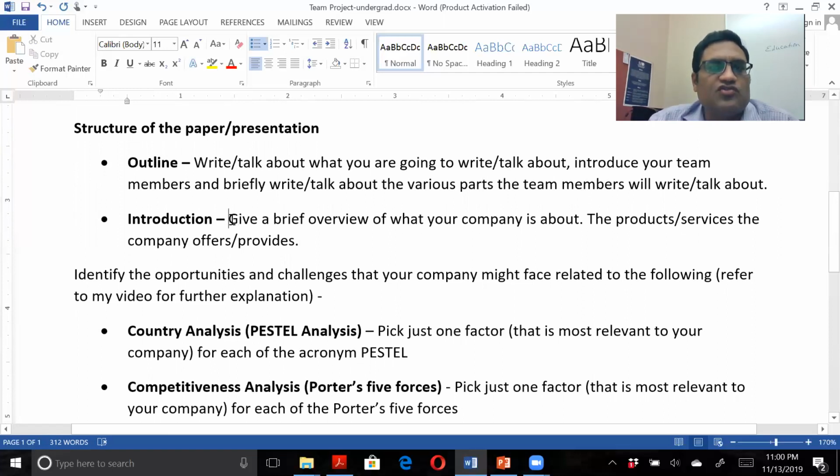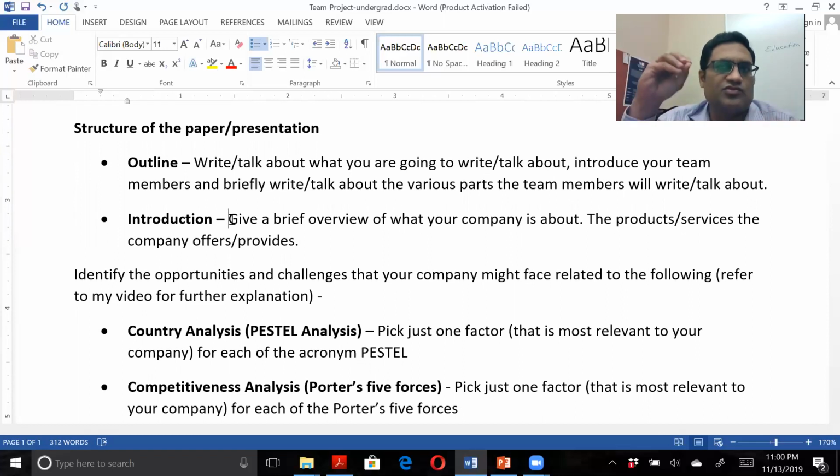Then the introduction is you're giving an introduction, which is a brief overview of what your company is about. Since I made up the Houston Children's Hospital, I'll say this hospital caters specifically to children, to kids. The services we provide are anything related to kids, can be related to their heart, lungs, bones, whatever it is, okay?